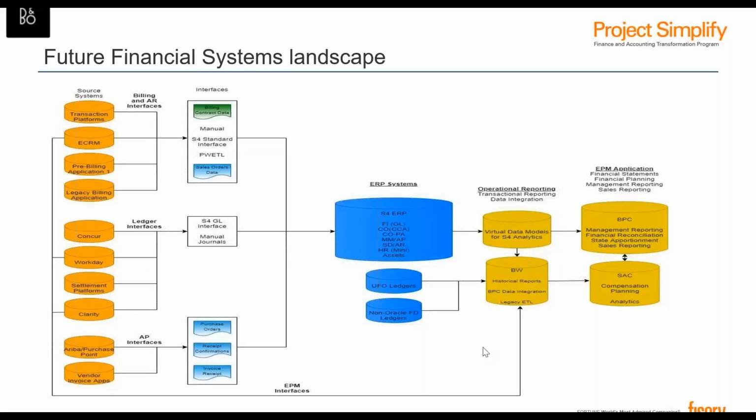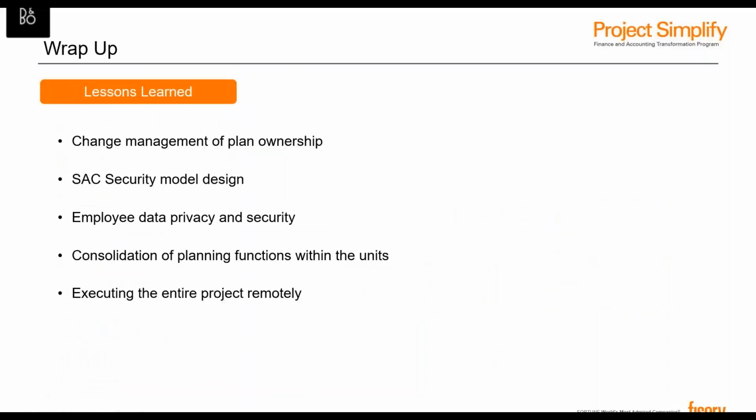So let me go to a quick recap of our lessons learned from our project. One of the key changes we tried to implement here is the plan ownership change from the business units playing a supportive role to those shared functions, whereas the central functions are managed by those respective finance teams.